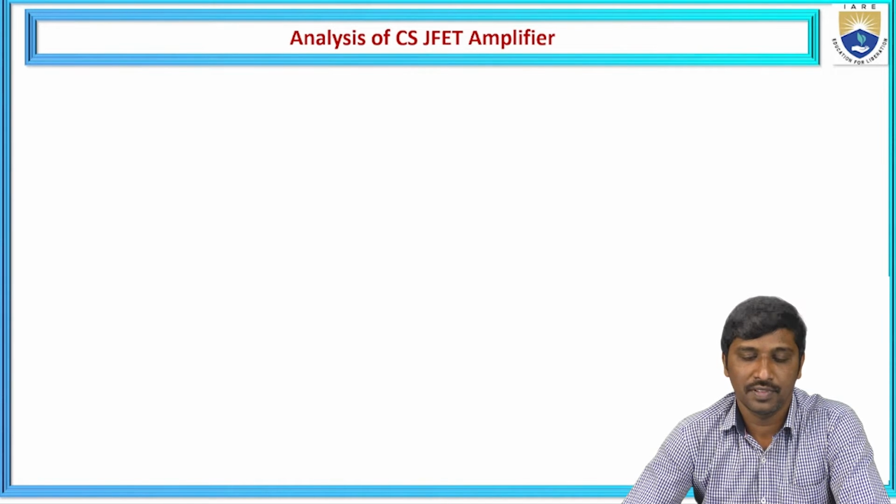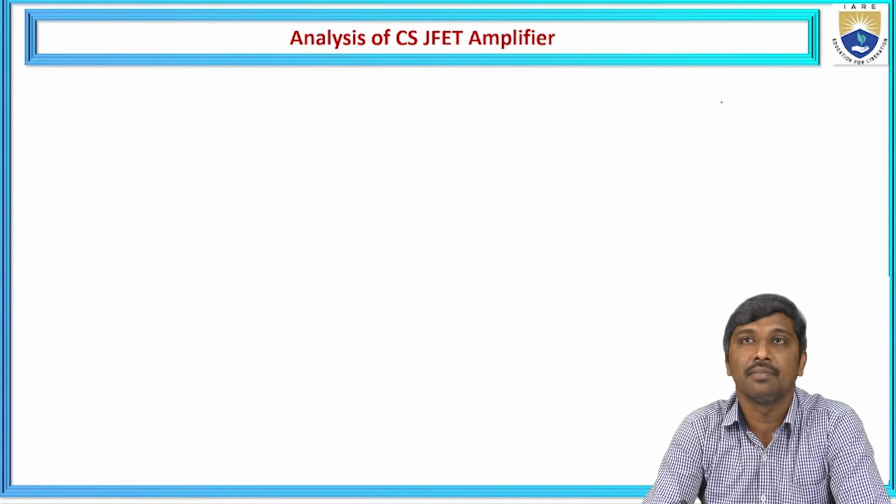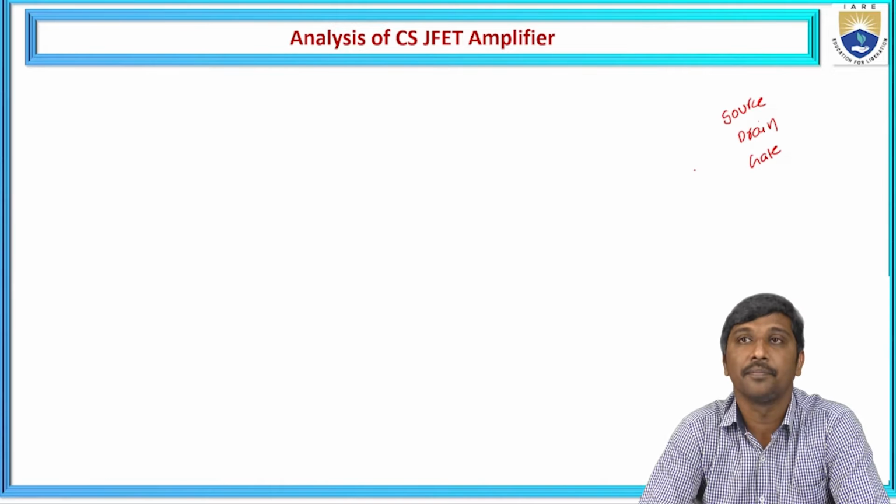Based on the FET configuration, we have three types of terminals in a FET. One is represented as the source, another one is the drain, and another one is the gate.